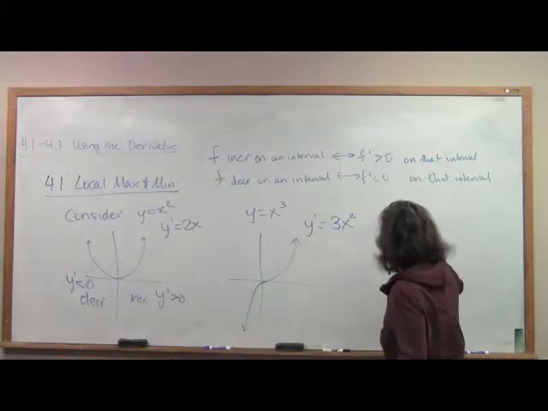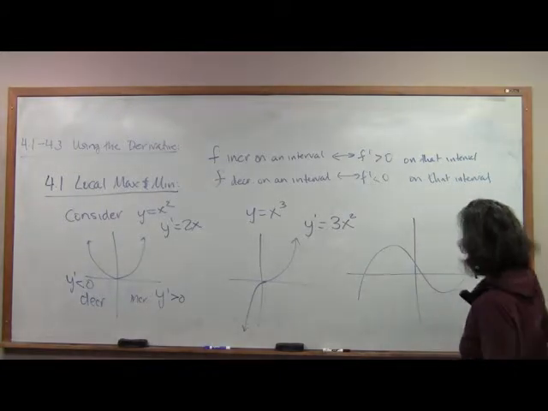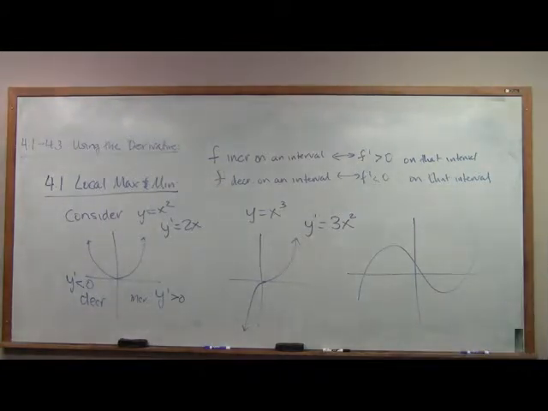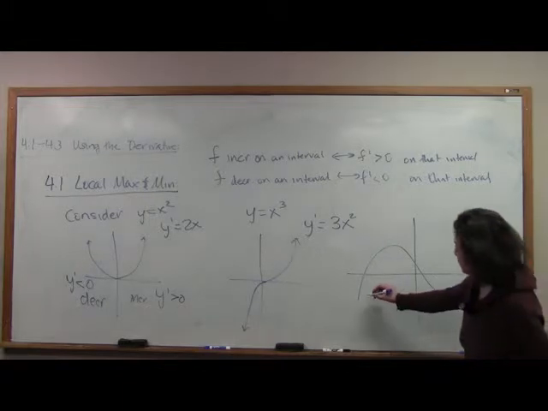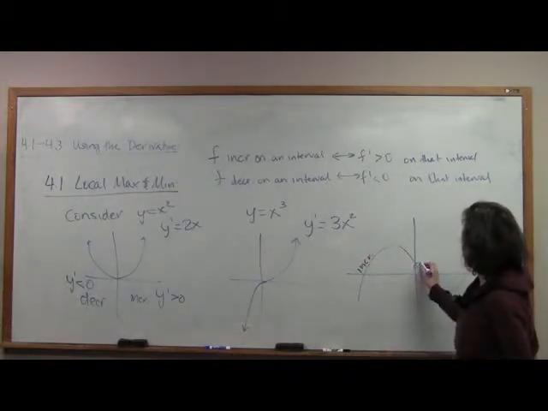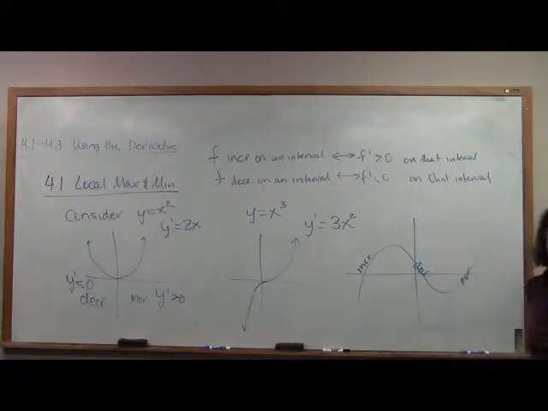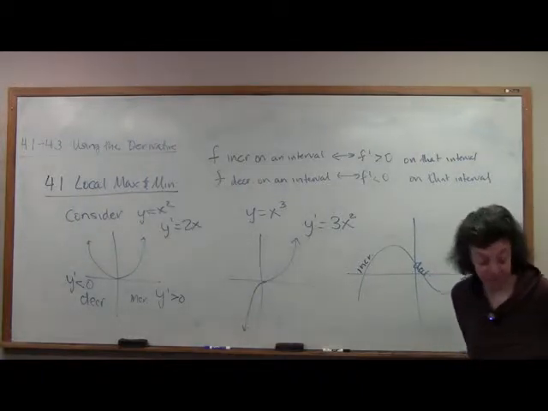So again, we see that our derivative is positive everywhere, as also our function is increasing everywhere. Now, in general, when we have a function, what do we see? We see that our function is increasing here, decreasing, and then increasing once again.